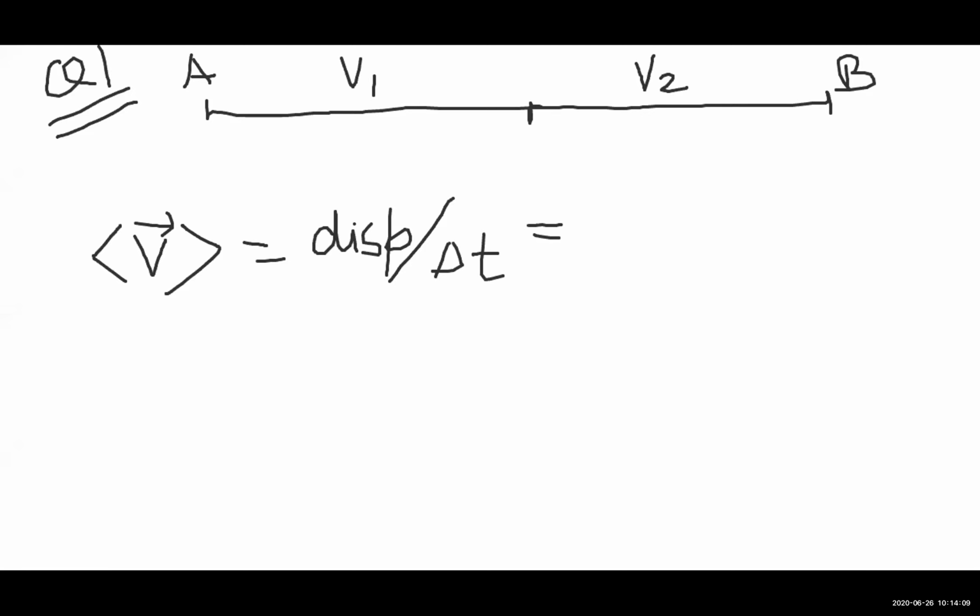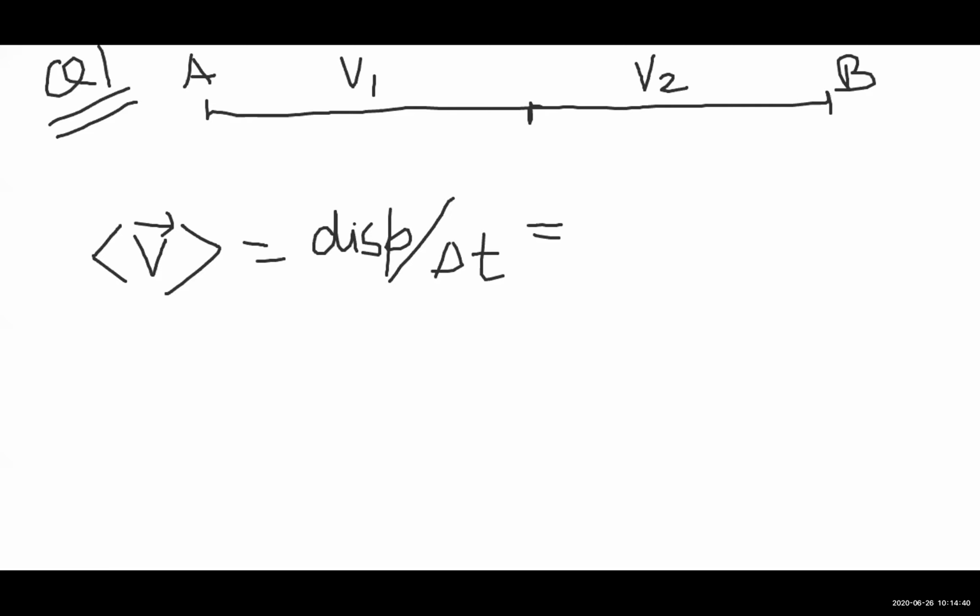Okay, you cannot assume in this question the distance between AB to be x, and then in the answer you are getting x, because the answer is still unknown. The answer should come only in terms of those values which are given in our question. And in this case, the values given in the question are v1 and v2. The answer must come in terms of v1 and v2 only.